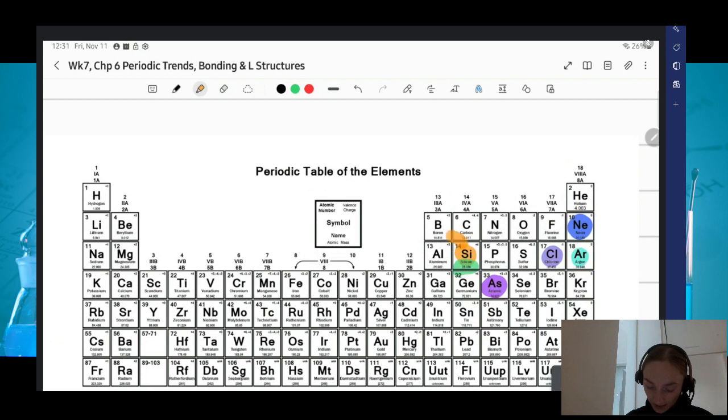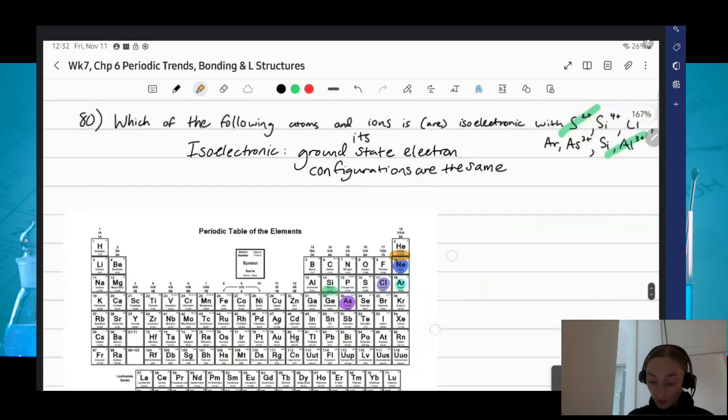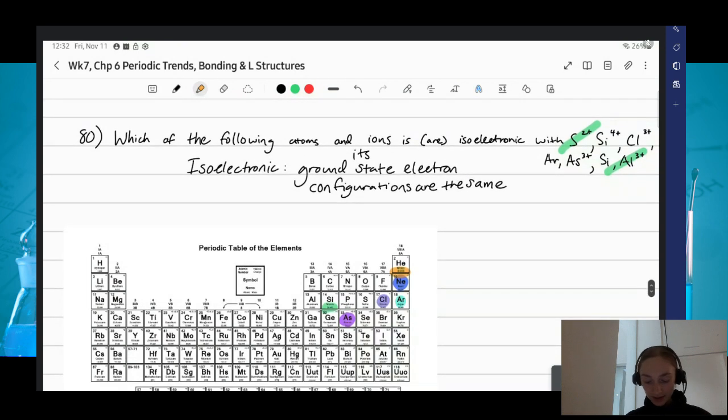So we have to go back, 1, 2, 3, 4. So it actually goes back to neon. Because the silicon 4 plus and the aluminum 3 plus went back to the same ground state configuration, those two are isoelectronic. So the Al 3 plus and silicon 4 plus are isoelectronic.